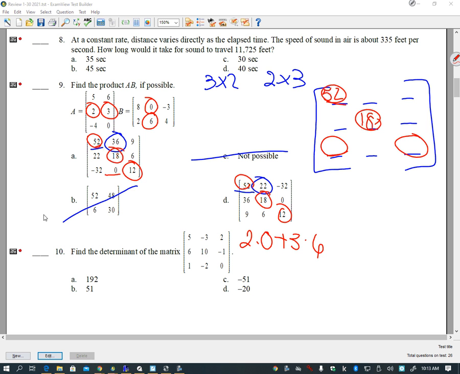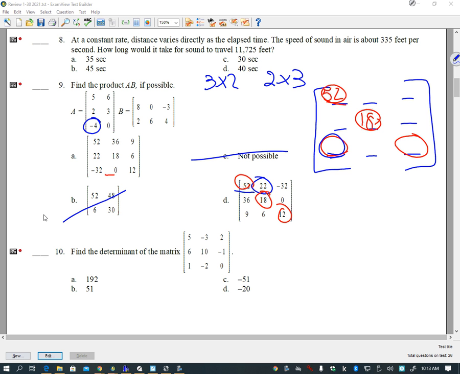Let's try this one right here. What is that math? 5 times -3. No, 4 times 8 plus 0 times 2. Okay, we're doing that one. No, it's negative. Okay, so there's some confusion here.